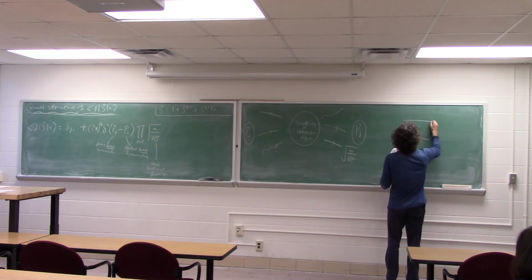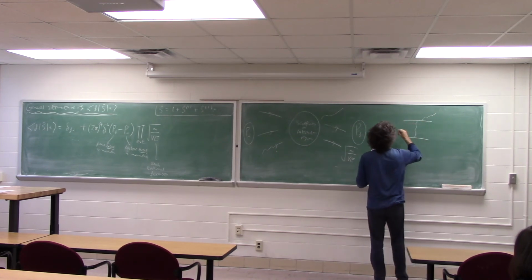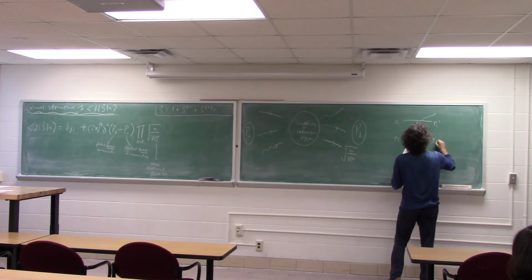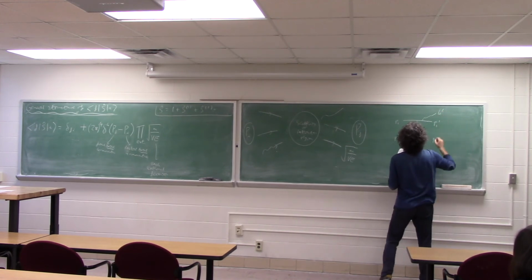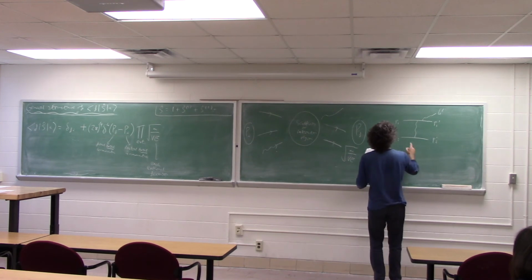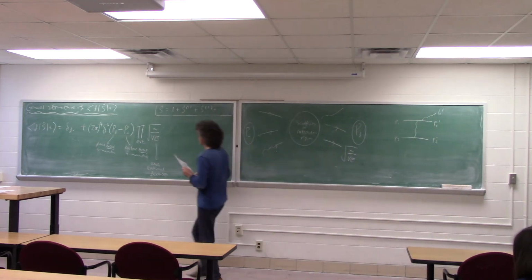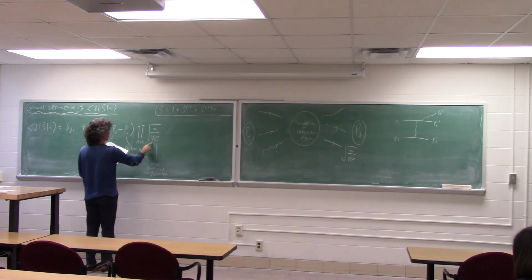Let's say we're looking at this process. Let's call these P1, P2, P1 prime, P2 prime, and let's call this K prime. There will be factors, sorry, let me finish. This is for each external fermion.